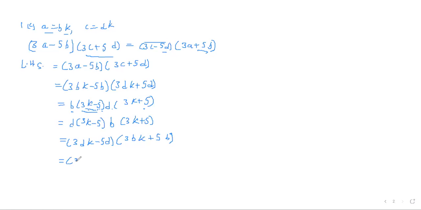So DK is C, 3C minus 5D into 3A plus 5B. So very easy, it is equal to RHS, hence proved. Hope you all must have understood. Otherwise, ask in the comment box.